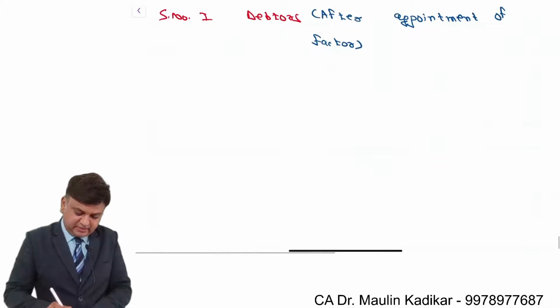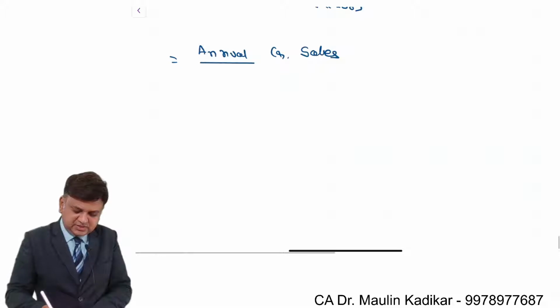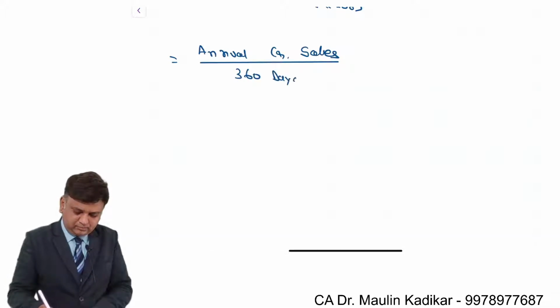In that we understand it is annual credit sales divided by 360 days, which is given to us in the question, into average collection period.